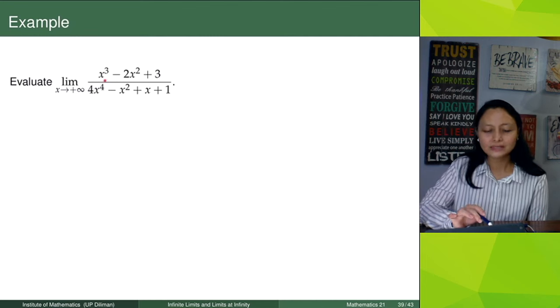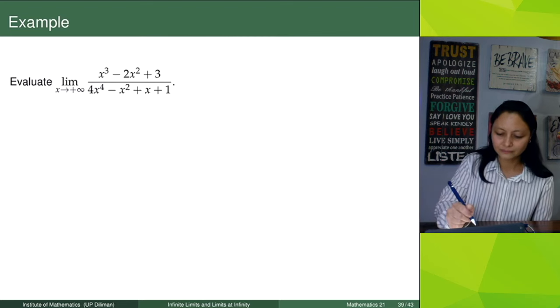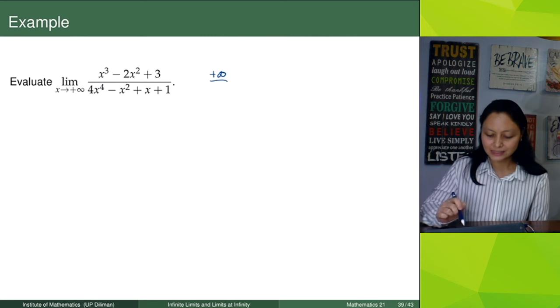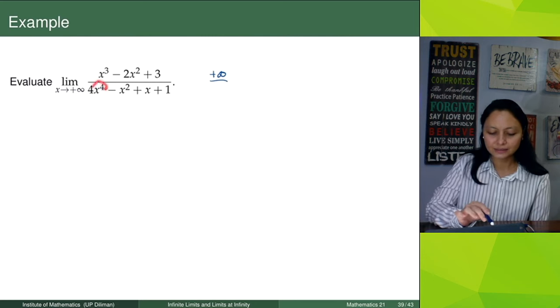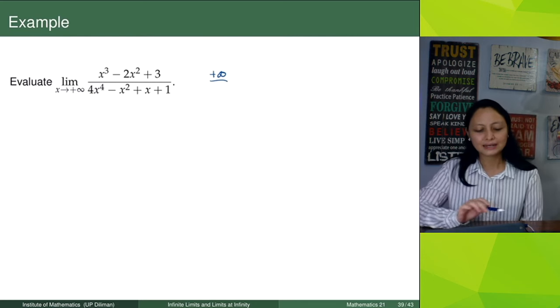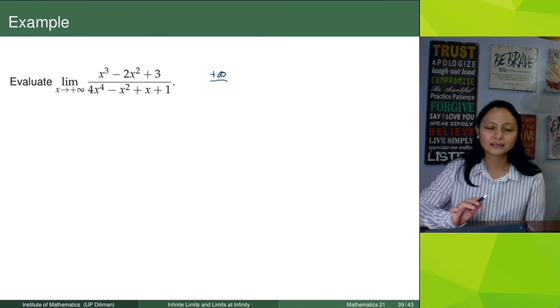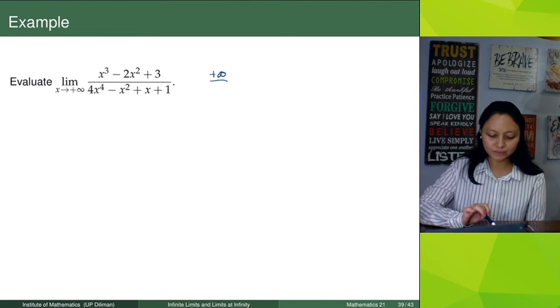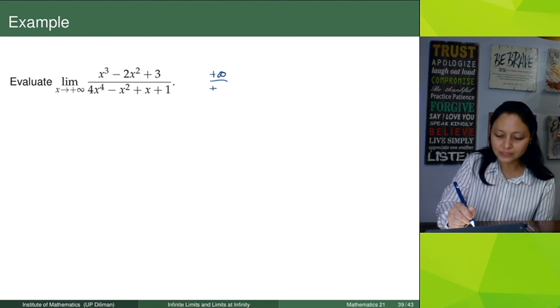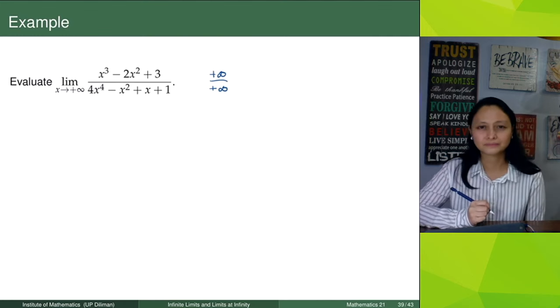So, limit ng x cubed as x approaches positive infinity is infinity. Okay, so scratch muna. Positive infinity, tapos sa denominator din. So, ang highest exponent ng x sa denominator ay 4. So, limit ng x to the fourth as x approaches positive infinity is also positive infinity.